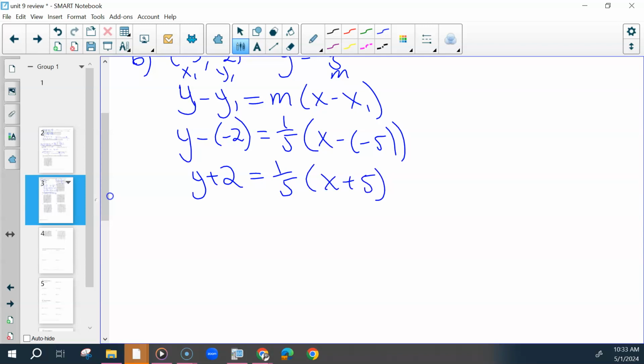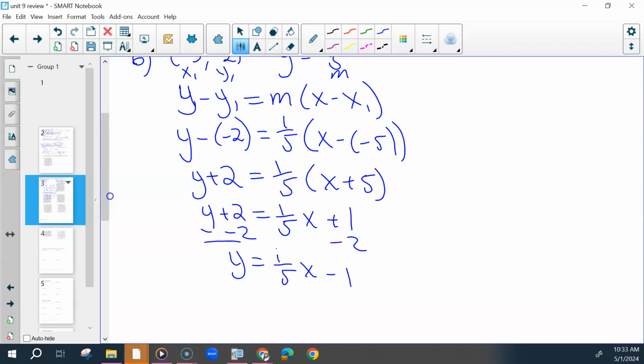Then we can distribute the 1/5. You could multiply the 1/5 and 5 in your calculator. And the last thing to do would be get rid of 2. Subtract. And this would be the equation that's parallel to the original that goes through that one.